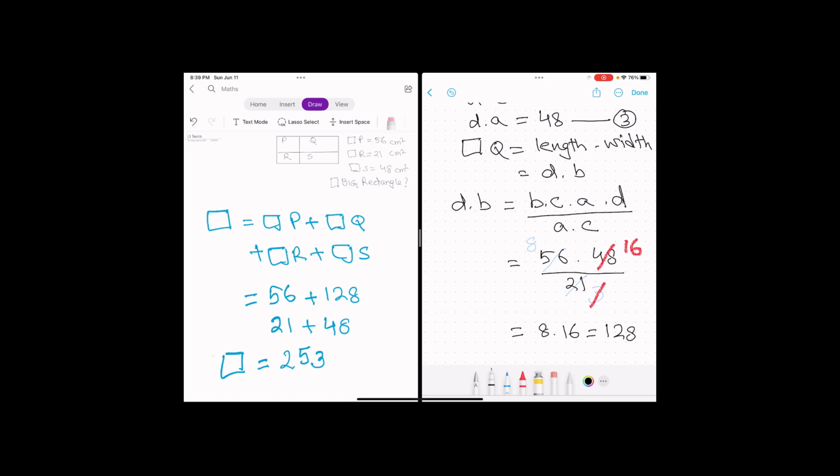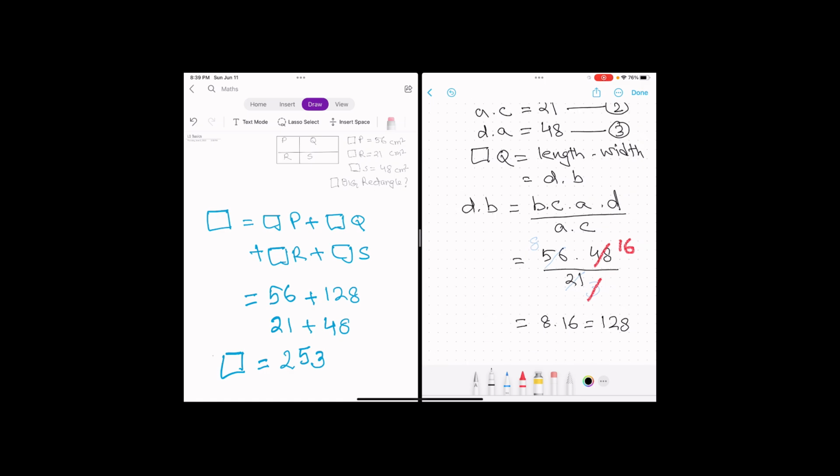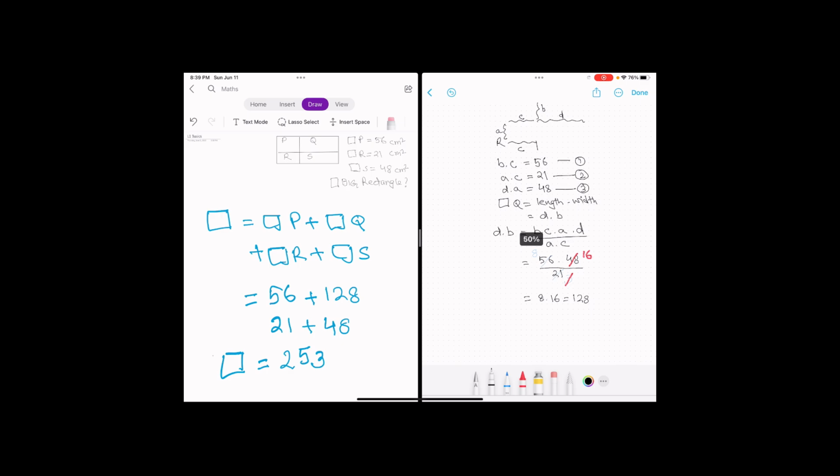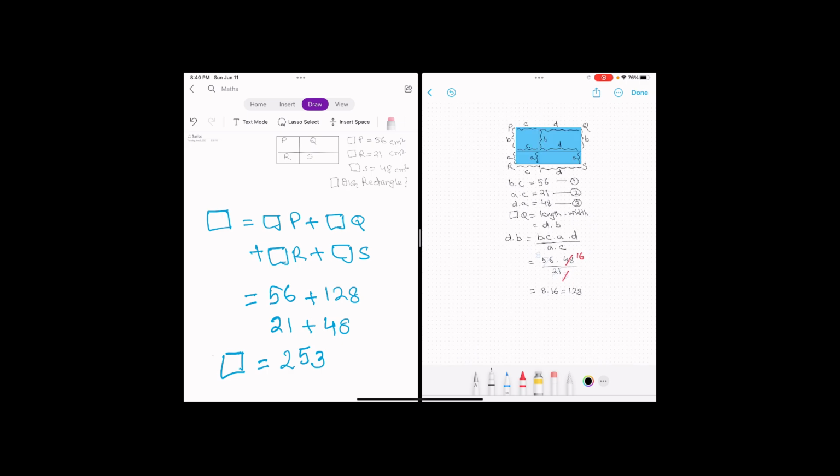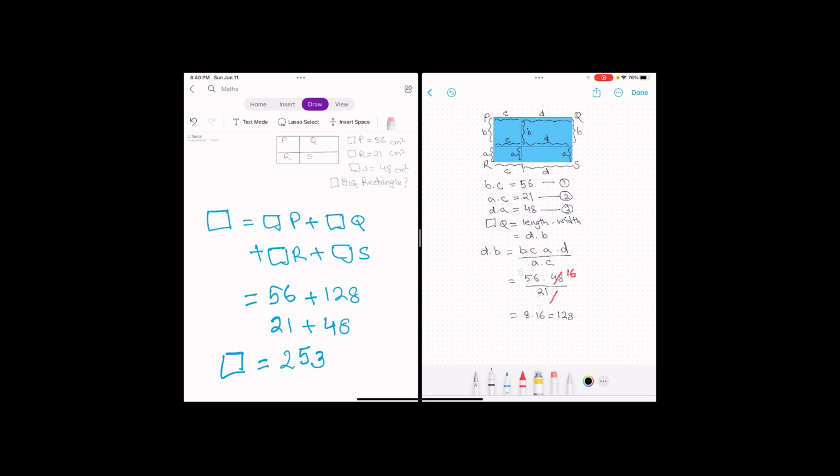Like I said, I think this is a little tricky, and I'm not sure if a third grader can do it, but definitely it's an interesting way to solve the problem. Now there's another way you can also solve it. You can say the area of the big rectangle is the multiplication of two of its sides.